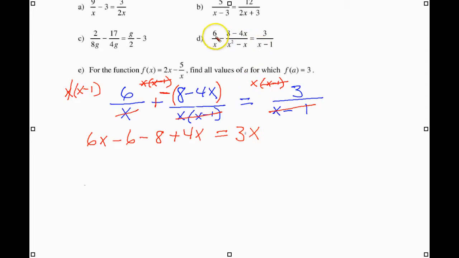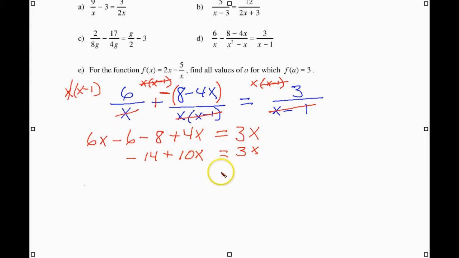So from a rather complex fraction, we ended up with something rather simple, I think. So we group like terms. This is going to be a 10x, and this is going to be a negative 14. And this is a 3x here. Okay.